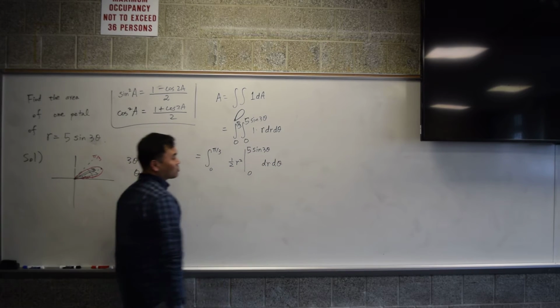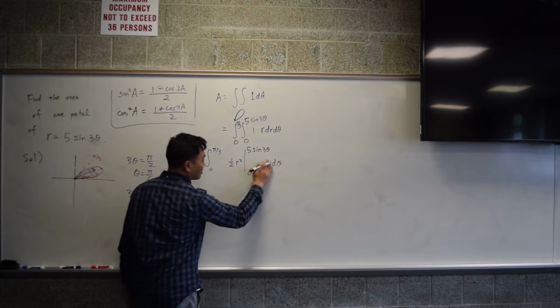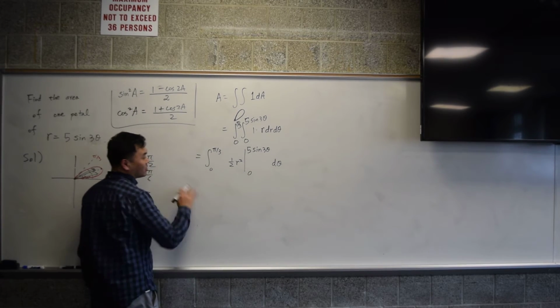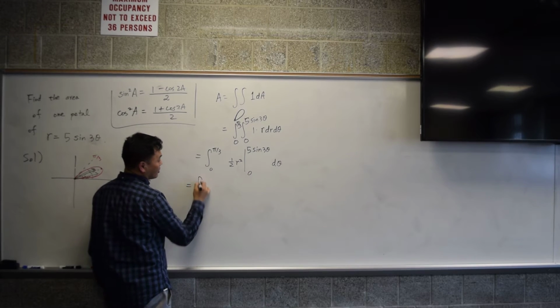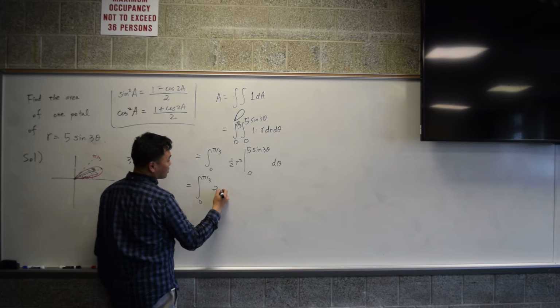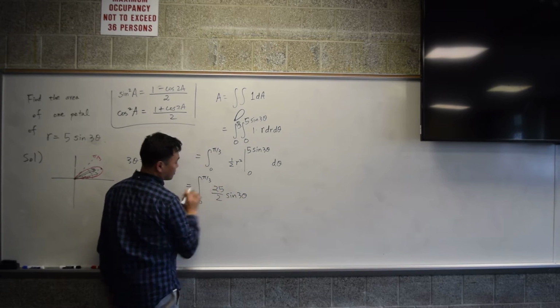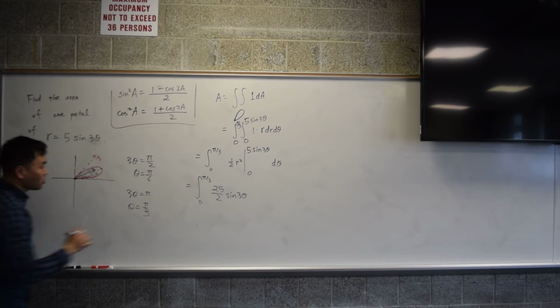It's better to just do the integrals. Oh, we already did the integration by r, so that's not needed. That's what we have. And then 0 to pi over 3. When this goes in there, this is 25 over 2 sine 3 theta squared, sorry.